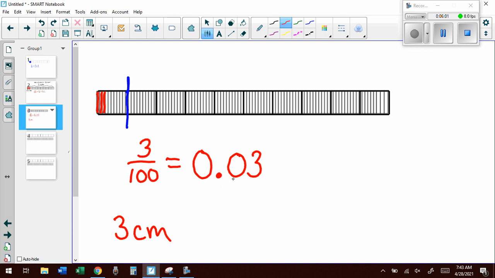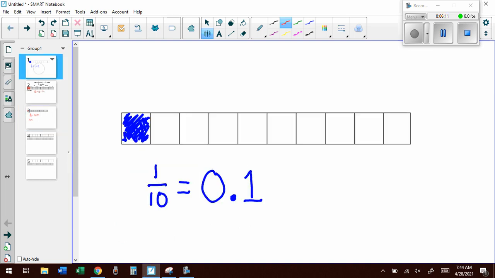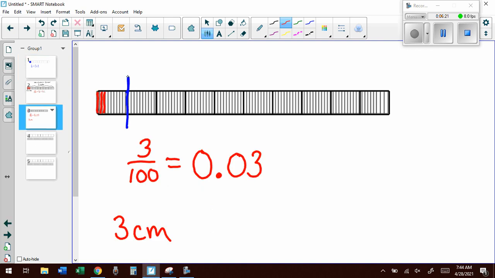That's where this 0 comes in with the 100ths, because we have not shaded in any tenths. Up here we have shown that if we had 1/10 shaded in, we have a digit in the tenths place. We jump down here, we've not shaded in any tenths. So we have no digit in the tenths place.